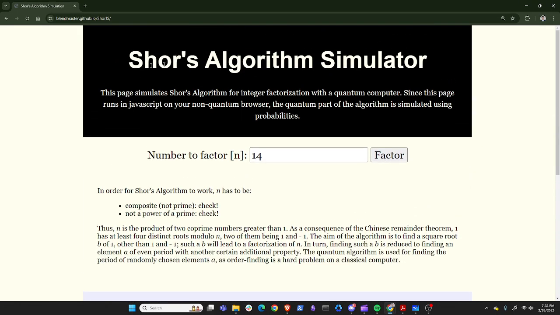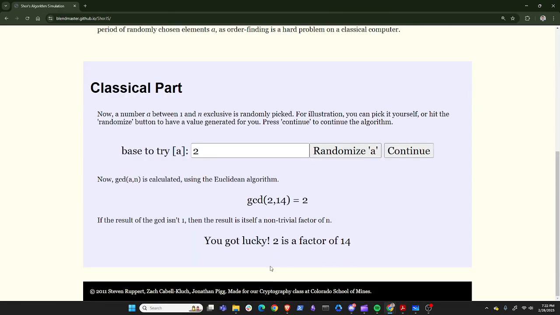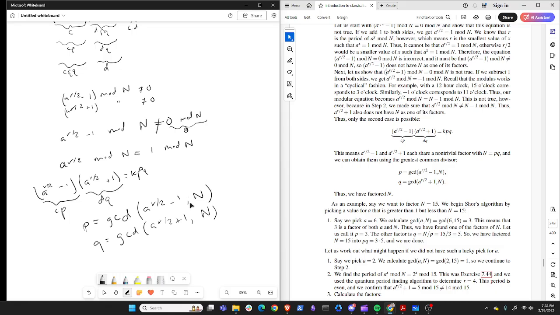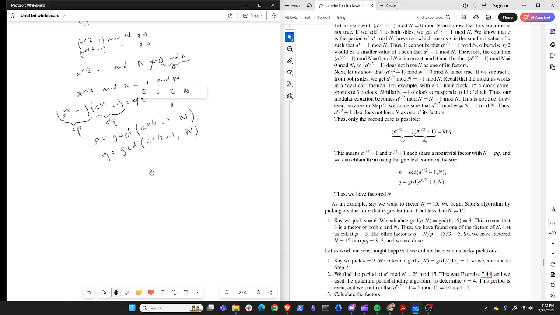Yeah, this was cool. It's a little bit confusing because it's slightly different than the book, but it does show the difference. Basically, I remember this from one of the knowledge checks, where with Shor's, the first part is classically done: the selection of a and comparing it with n.